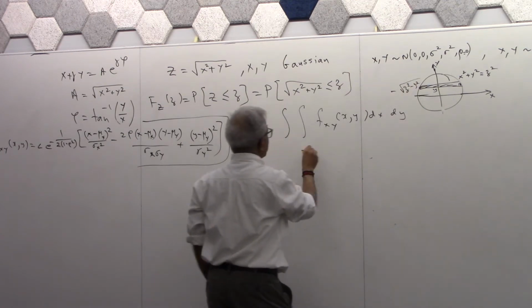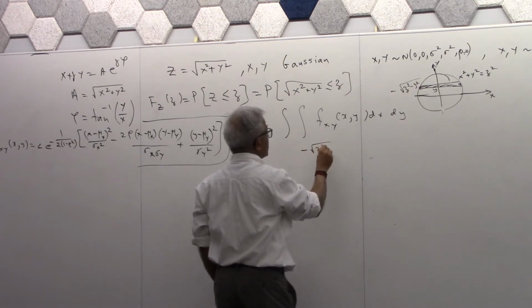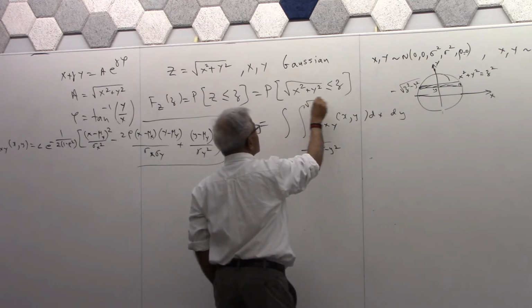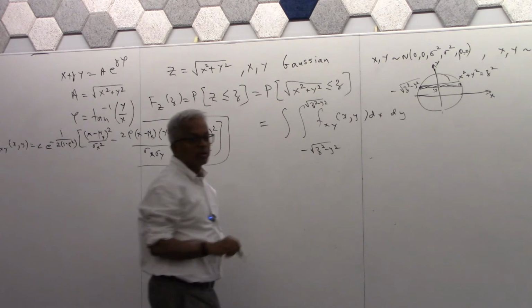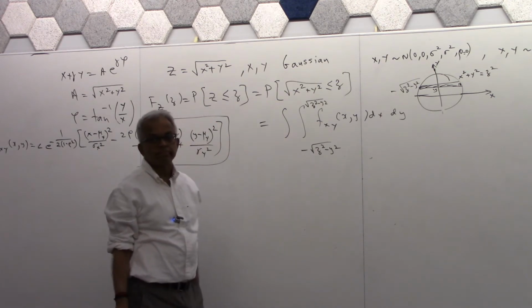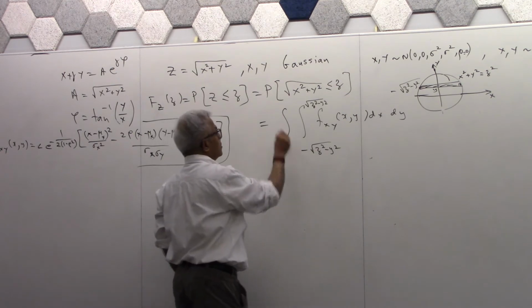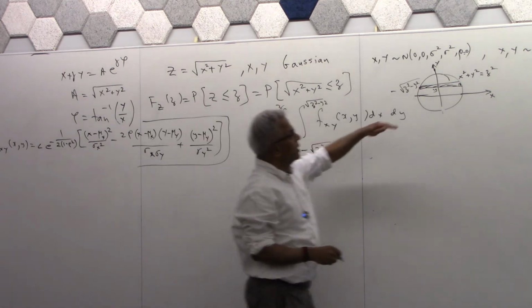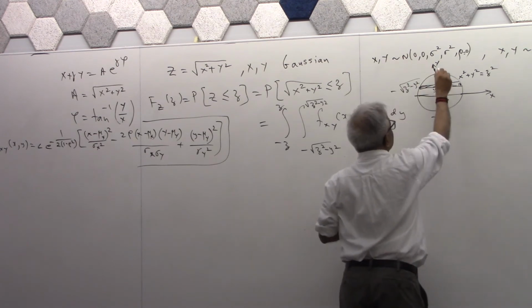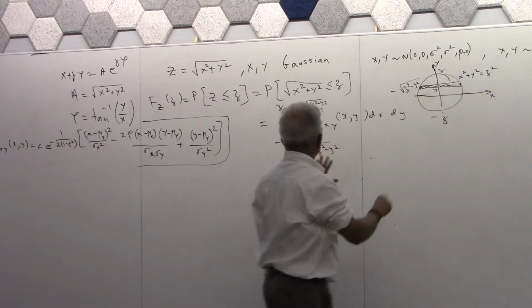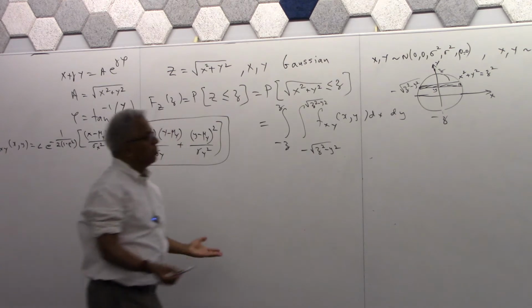And the top limit? Now how about y? It goes from minus z to z. You're beginning to understand, right? So what's the problem now?